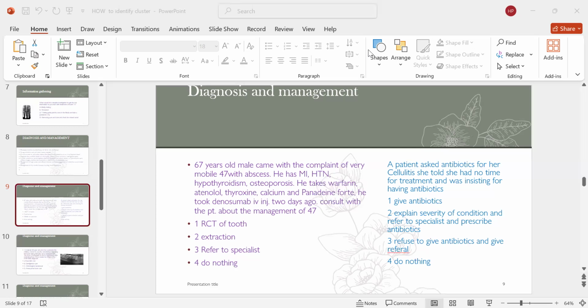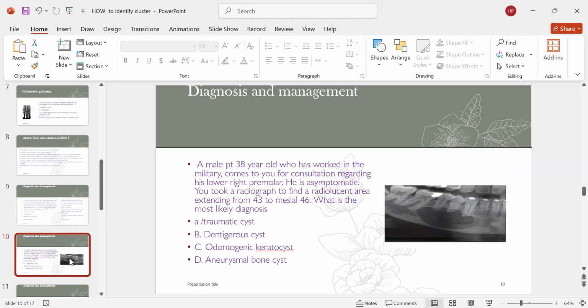You need to give antibiotics when there is an active infection inside the mouth. So sometimes in the ADC, you feel more than one answer is right. At that time, you need to see which is the more complete answer and which is the best out of those two options.